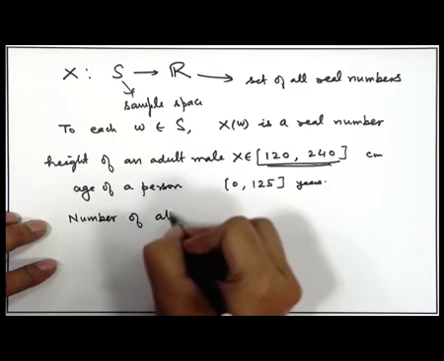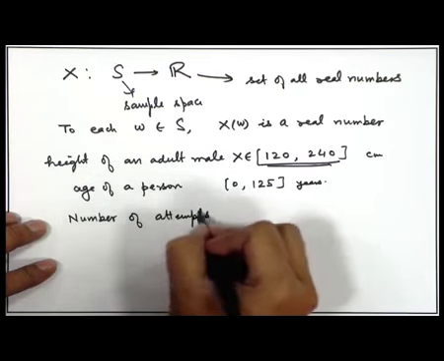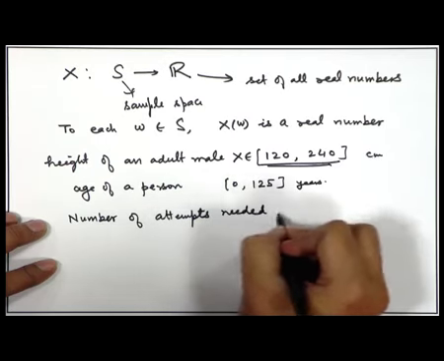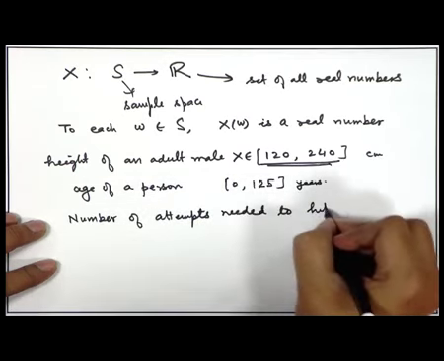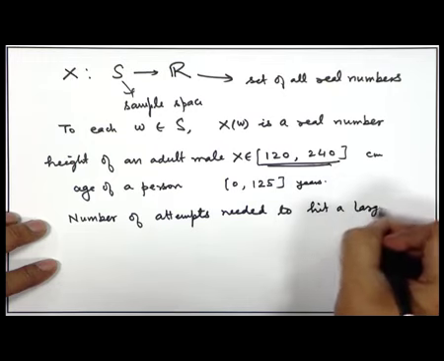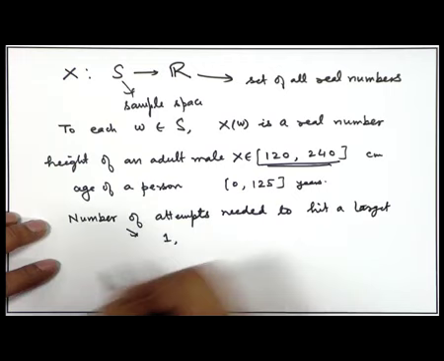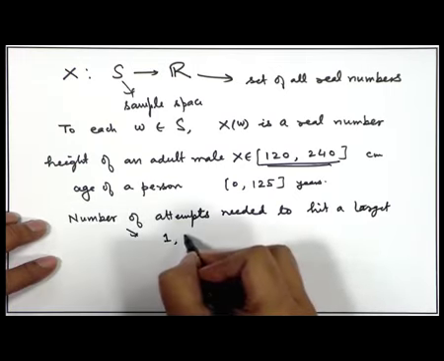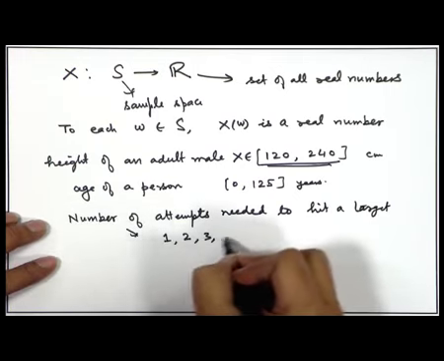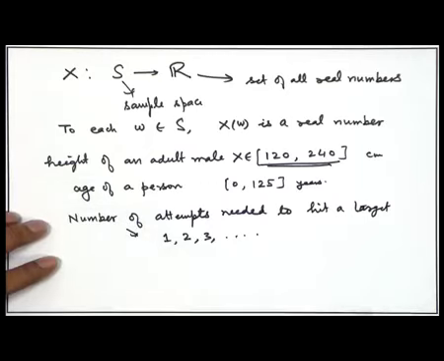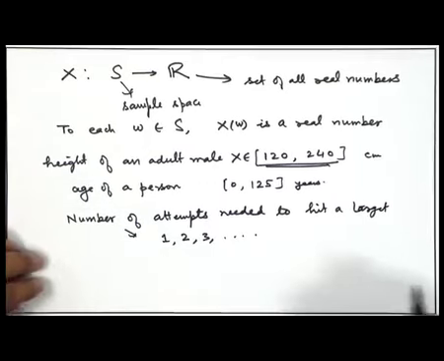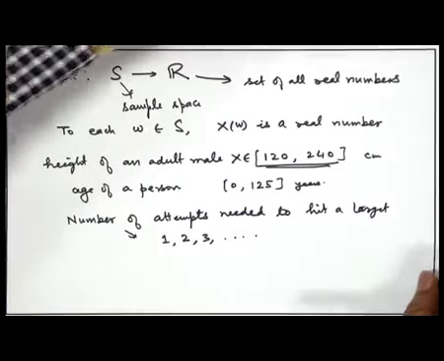Number of attempts needed to hit a target. Then what are the possible values of this? It can take value 1, you can hit in 1, you can hit in 2 and so on. You can see then the type.